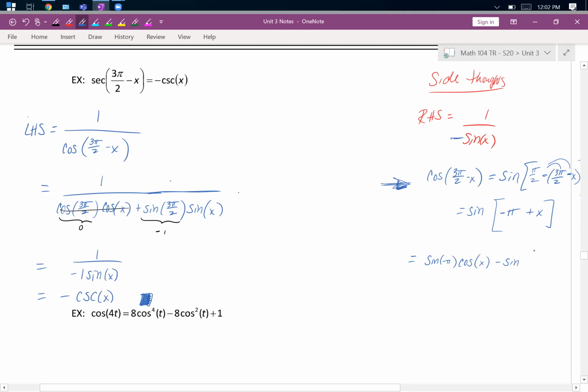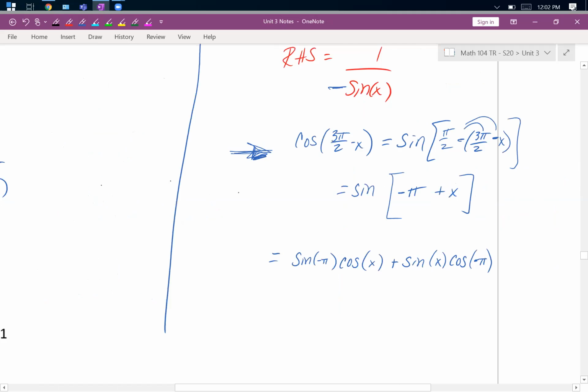I'm just going to do it over here on the side with what Riley had suggested, just to show you guys we're going to get exactly the same answer. All right, so here we get sine of negative pi cosine x, sine of x cosine of negative pi.